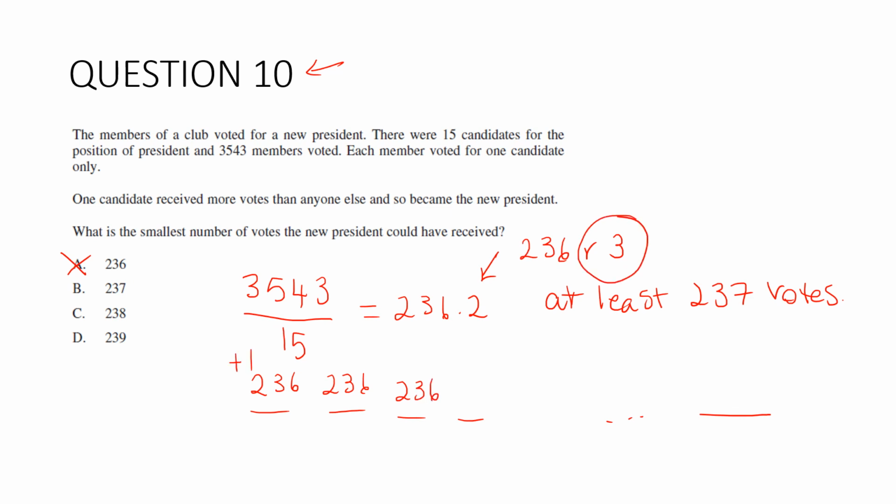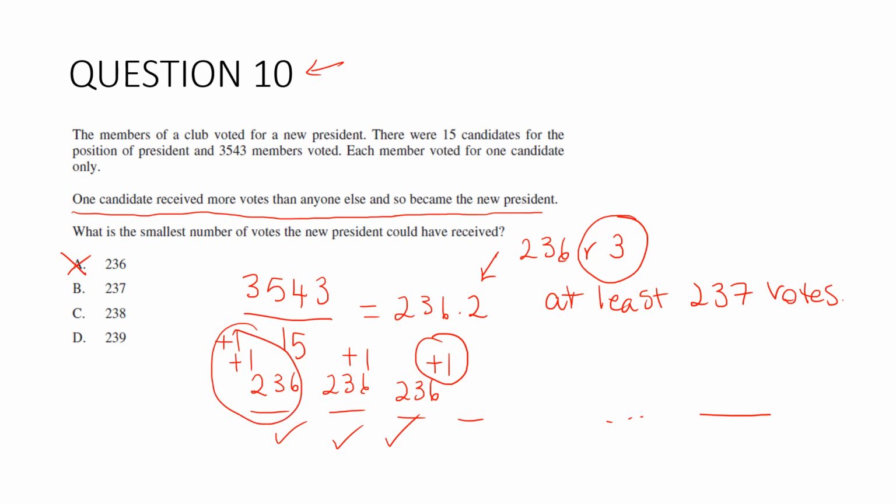If we distribute them like this, then we have 3 winners. And it says here, one candidate received more votes than anyone else and so became the new president. So that's not possible. One of these has to go into, say, this pigeonhole here. So it's not 237. The smallest number of votes the new president could have received is 238.